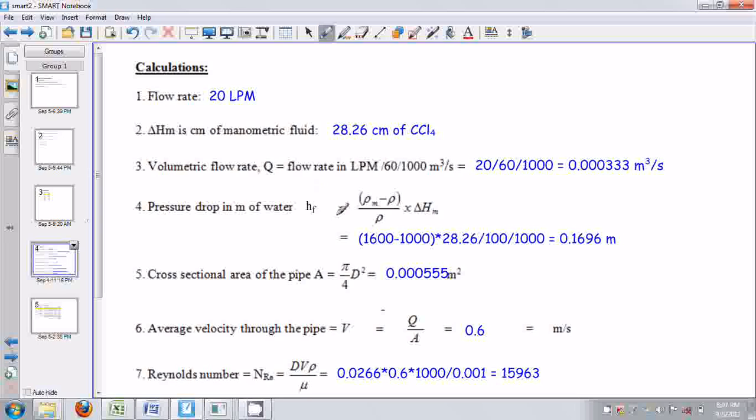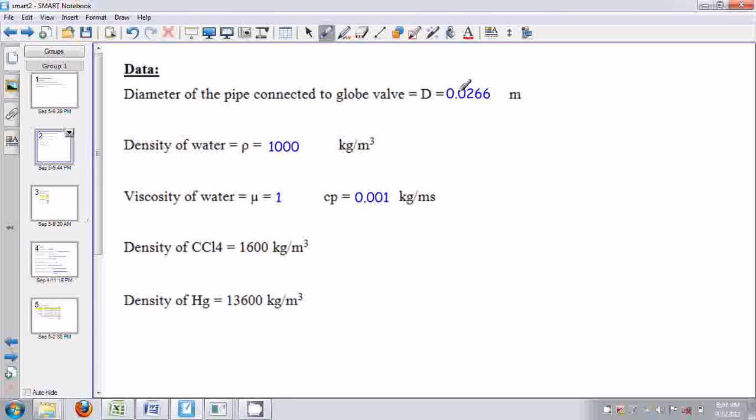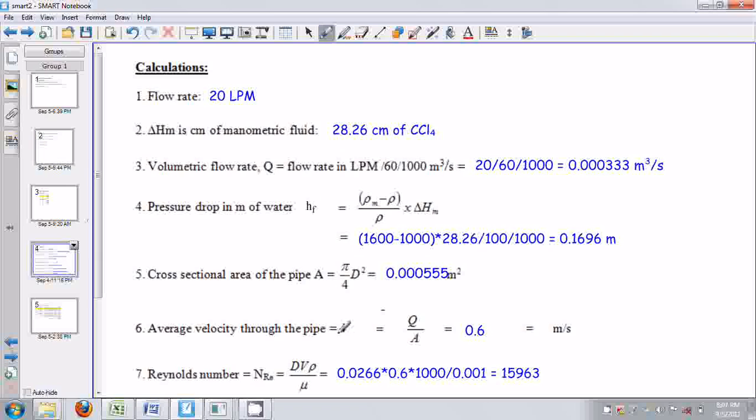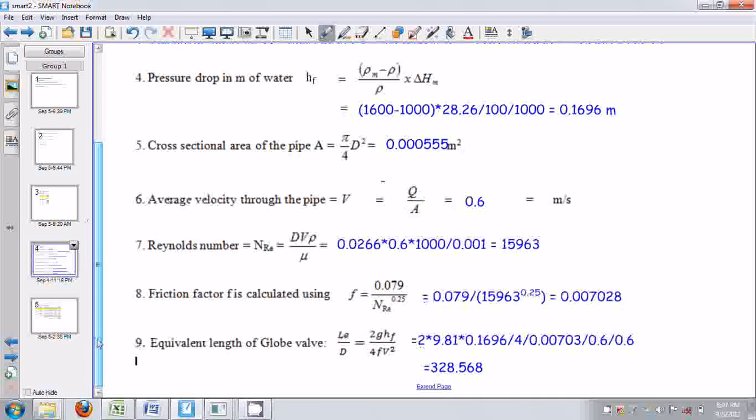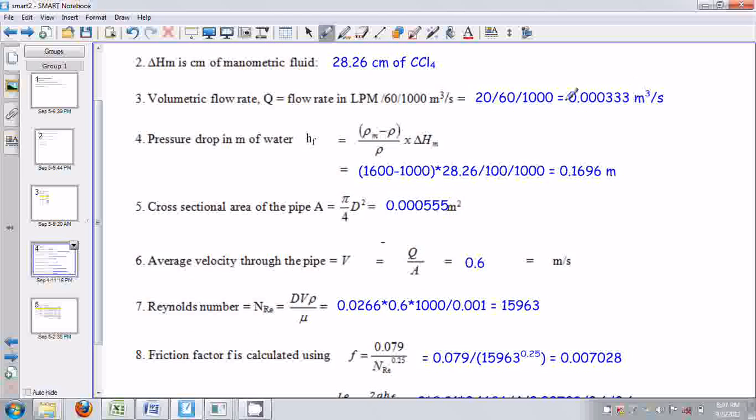And this is the pressure drop in meters of water column. And this is the cross-sectional area of the pipe, pi by 4 d square, where D is 0.0266 meters. And the average velocity of the fluid through the pipe is the flow rate divided by cross-sectional area.